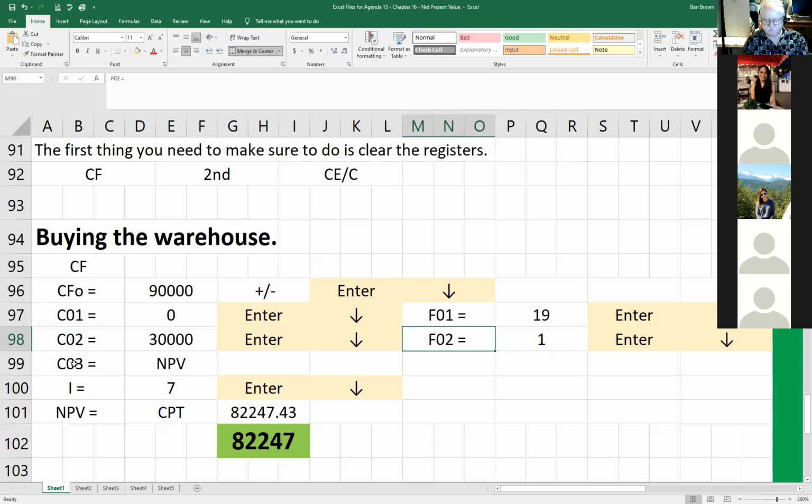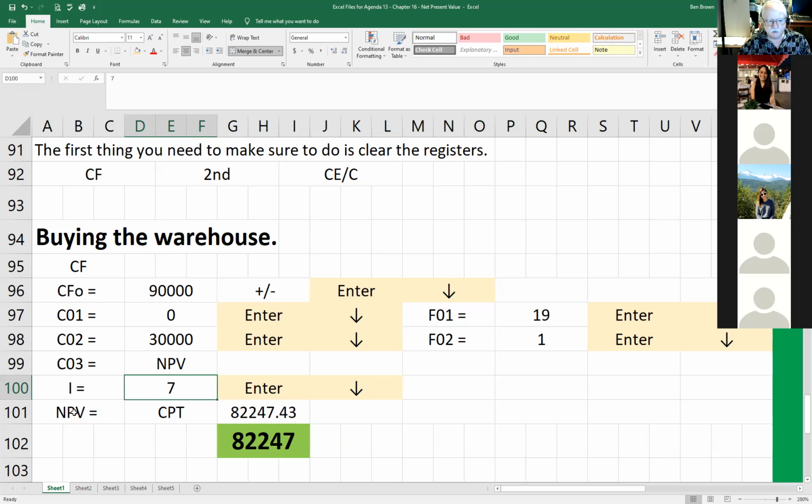So hit NPV, which is the next button over from CF. And at this point, it says I, meaning what's the interest rate? So we can just put in 7. It doesn't have to be 7% or 0.07, just 7. And then again, enter and down.